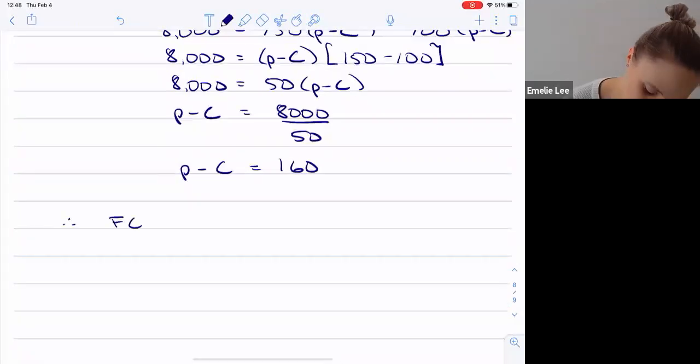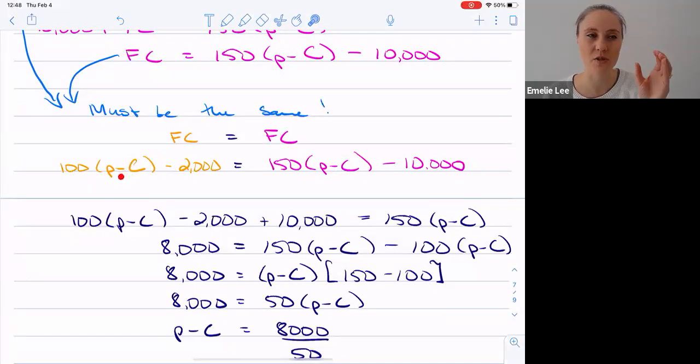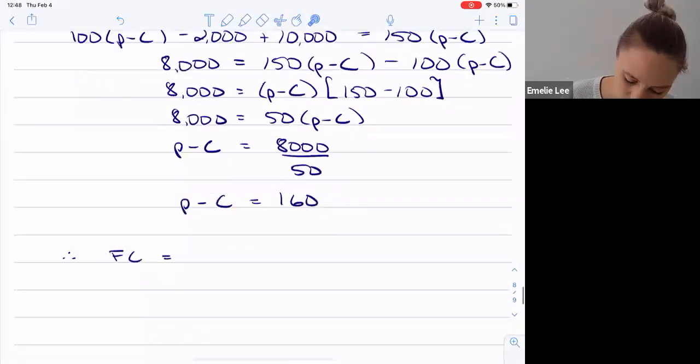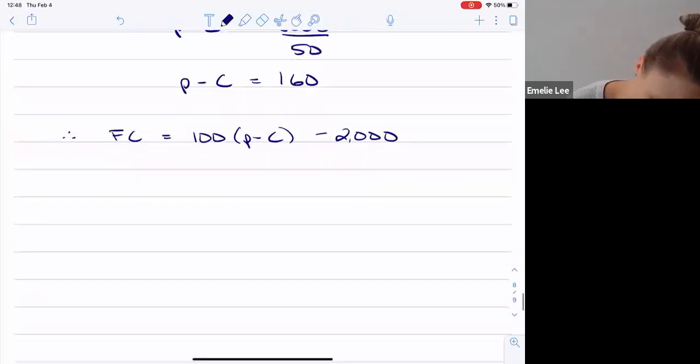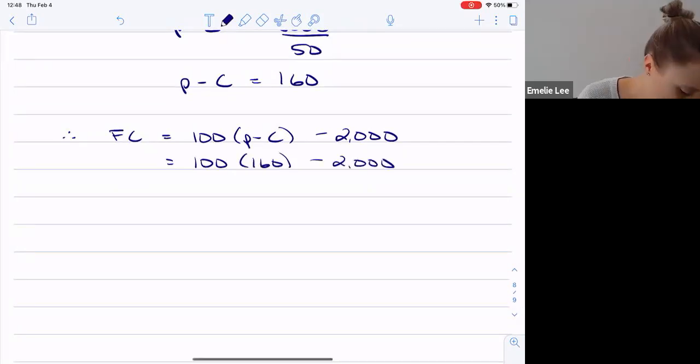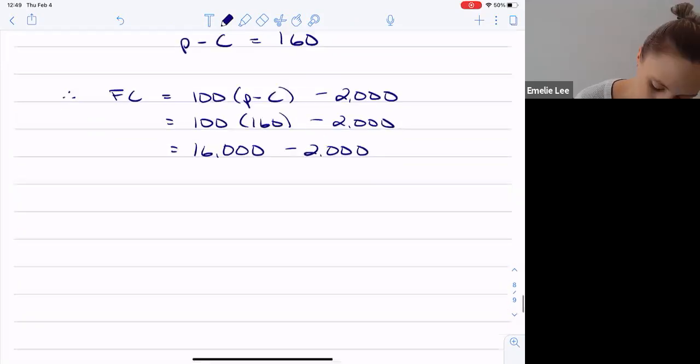Therefore, the fixed cost, and I can use either one of these to calculate it, is 100 times P minus C minus 2,000, which is 100 times 160 minus 2,000. All right, 16,000 minus 2,000 is 14,000.